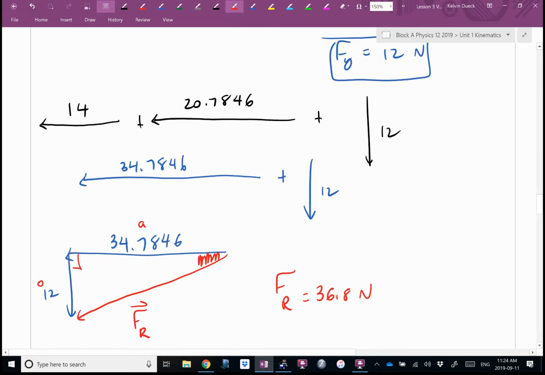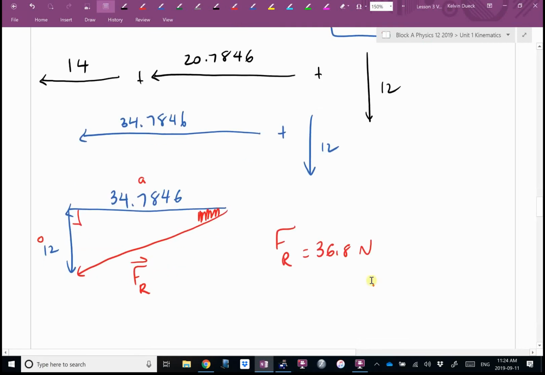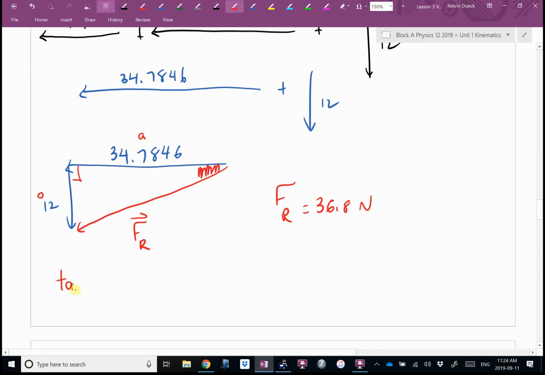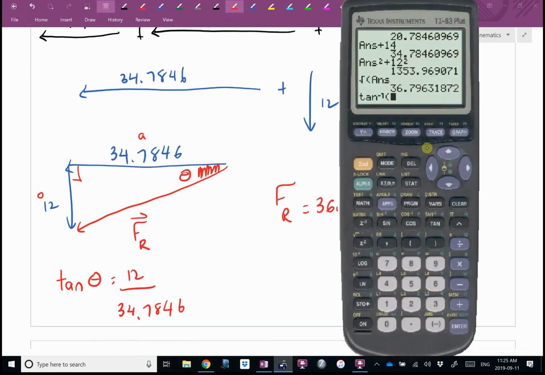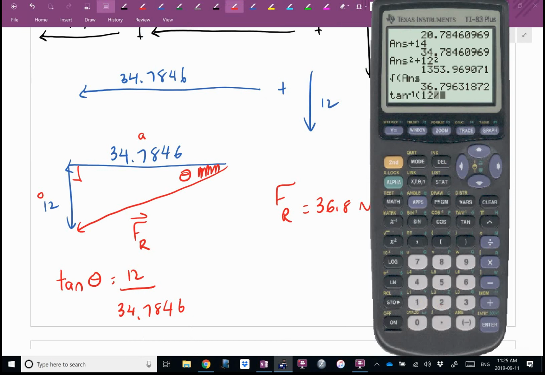Direction. I haven't got theta yet. Theta equals opposite over adjacent. Opposite over adjacent.